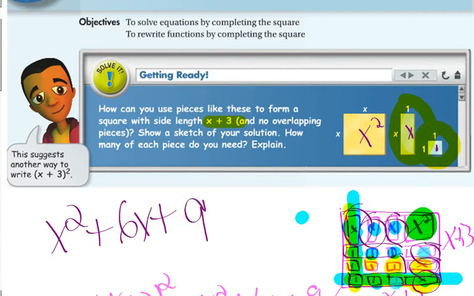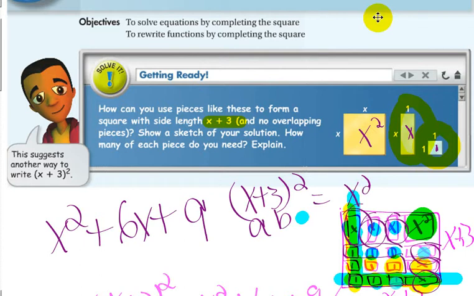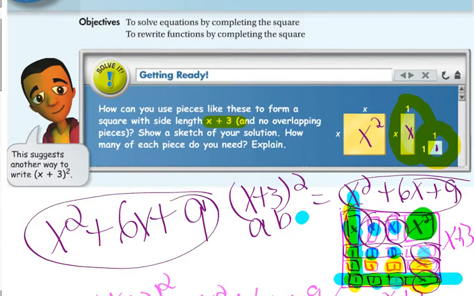Okay, so if I had x plus 3 times x plus 3, or x plus 3 squared, this is my a and that's my b, so it's a squared, which is x squared, plus 2 times a times b, so 3x times 2, 6x, plus b squared, which is 3 squared. And these match. So there is my pictorial representation of that and proof that it works.